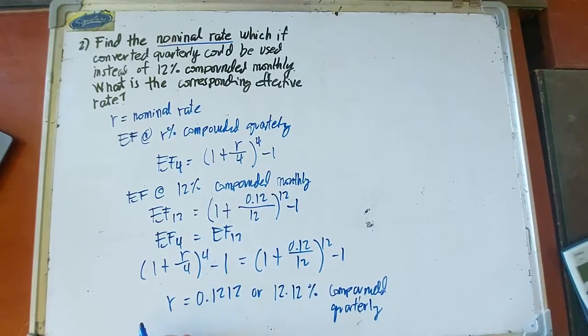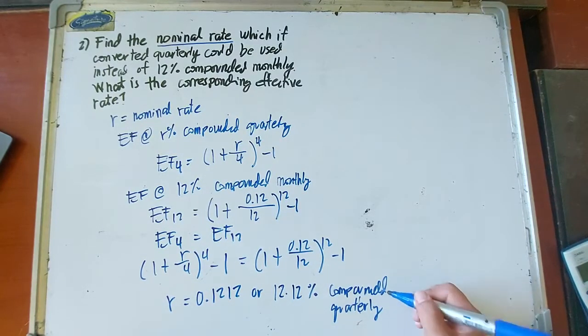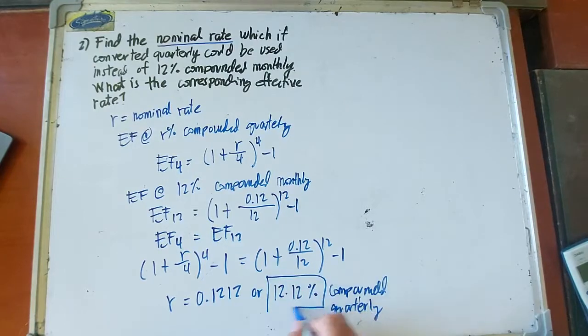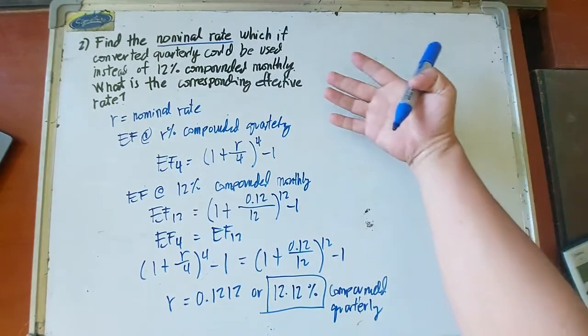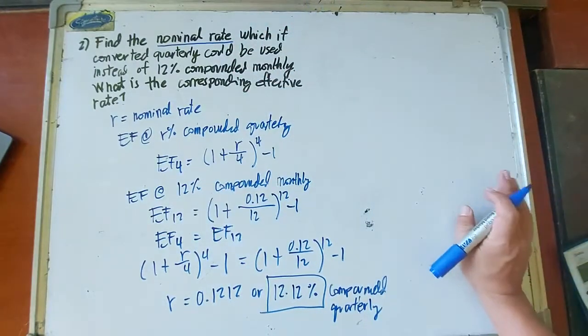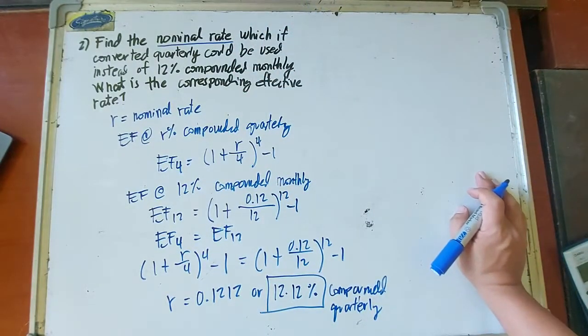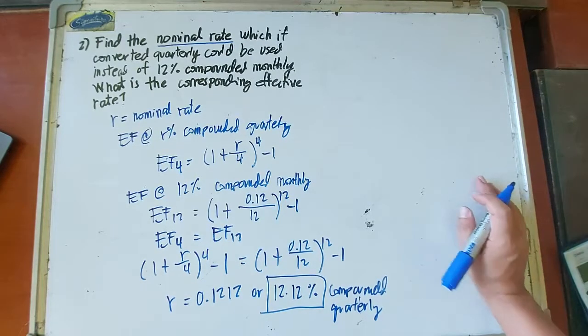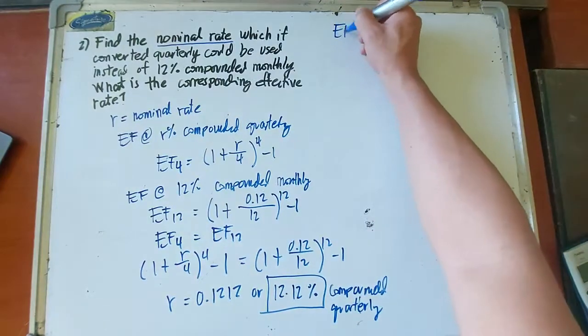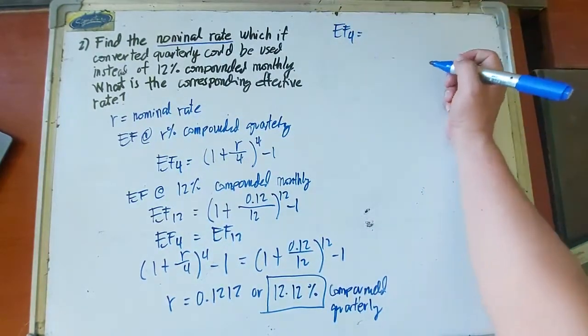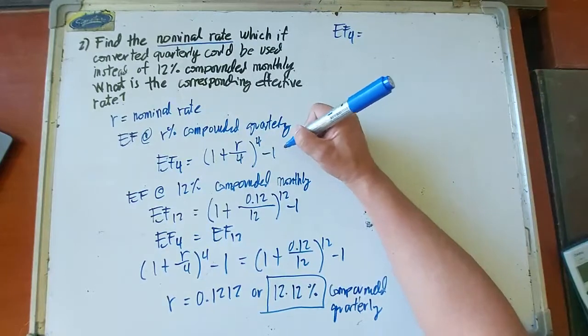So the corresponding nominal rate, if it's compounded quarterly, is 12.12%. If it's compounded monthly, the nominal rate is 12%. Okay? So, what is the corresponding effective rate? What is the effective rate when it is compounded quarterly? What is our formula for effective rate?